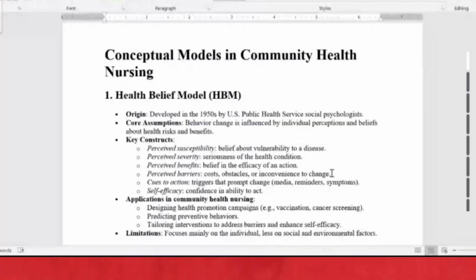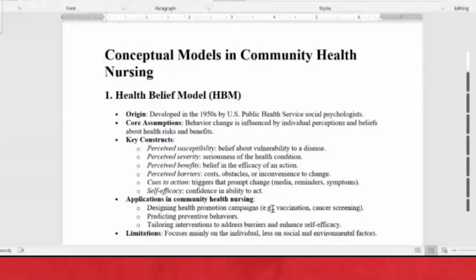Perceived barriers, cost, obstacles, or inconvenience to change. Cues to action, triggers that prompt you to action, like media or symptoms. Self-efficacy, confidence in ability to act.